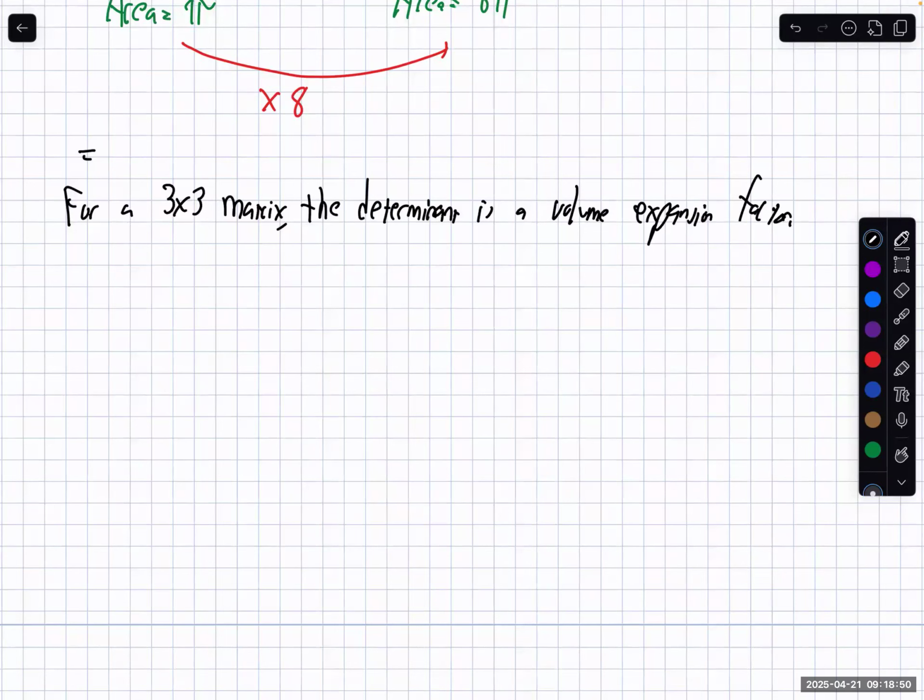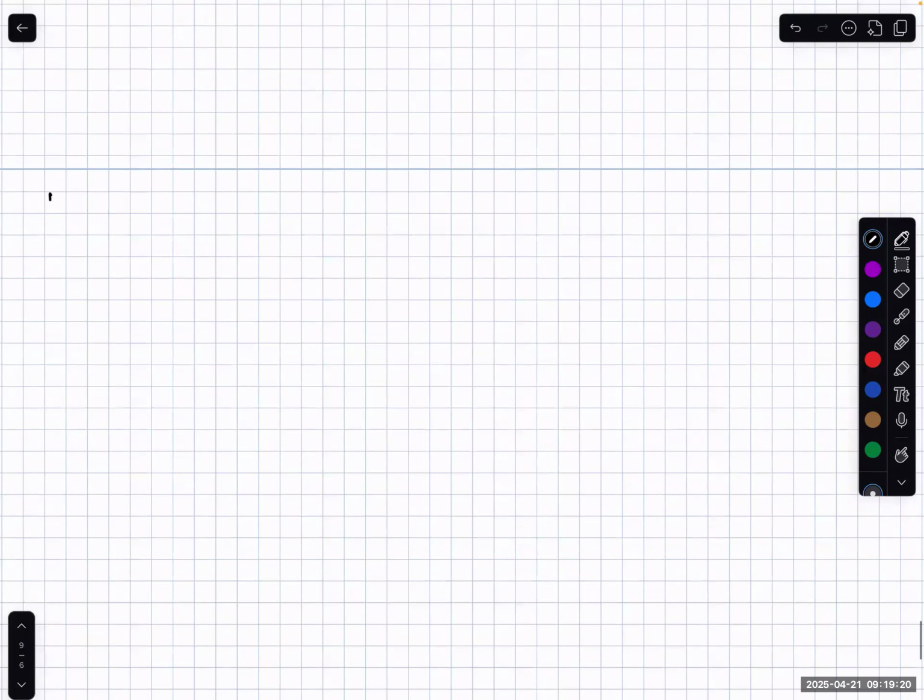Here the idea is a 3 by 3 matrix takes 3-dimensional inputs and produces 3-dimensional outputs. So if you take a 3-dimensional solid, calculate its volume, and then look at how that solid gets transformed, you get that output solid. It has a certain volume. The determinant tells you how much the volume expanded by. So we'll go back and forth.